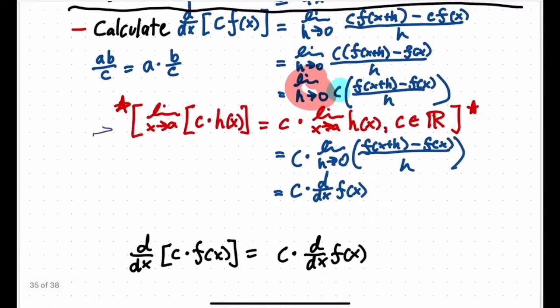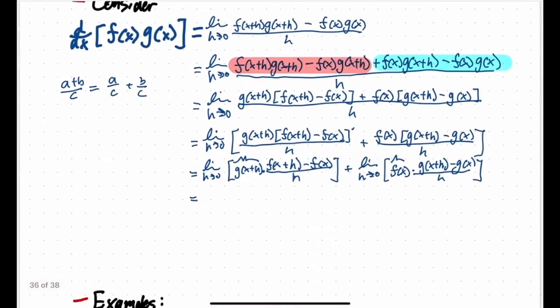So we can use this limit law that we had here, where when c is a real number, we can take it out of the limit. Since g of x plus h is a real number when h is closer to 0, we can take that out.